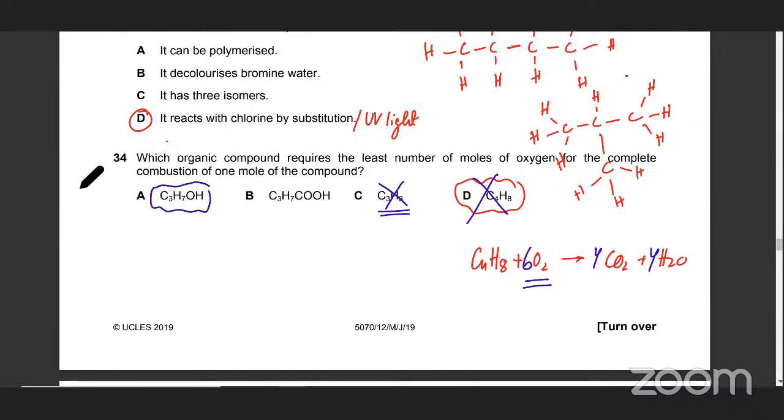Why? Because it already has an oxygen. तो उसको बाहर से ऑक्सीजन थोड़े कम चाहिए होंगे. And this one is again C4H8. So my hunch is A.